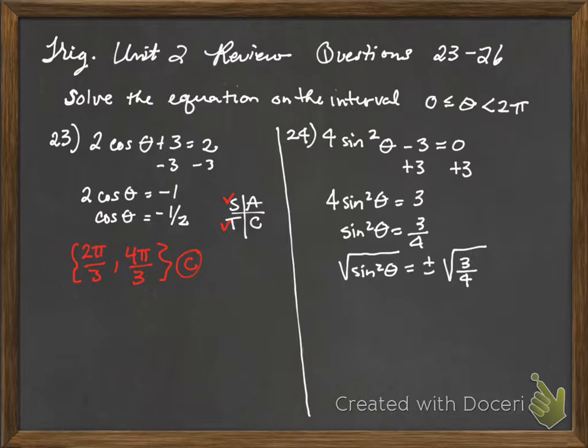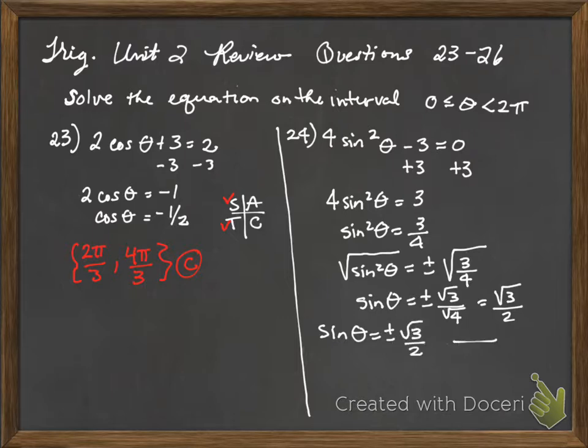Okay, so squaring a square root gives me just sine theta, and it equals plus or minus radical 3 over radical 4. Now I know radical 4 is 2, so sine theta equals plus or minus radical 3 over 2. Now, since I have plus or minus values, I have all 4 quadrants.